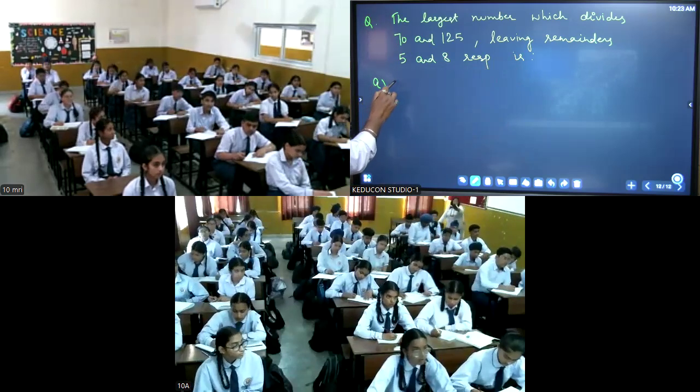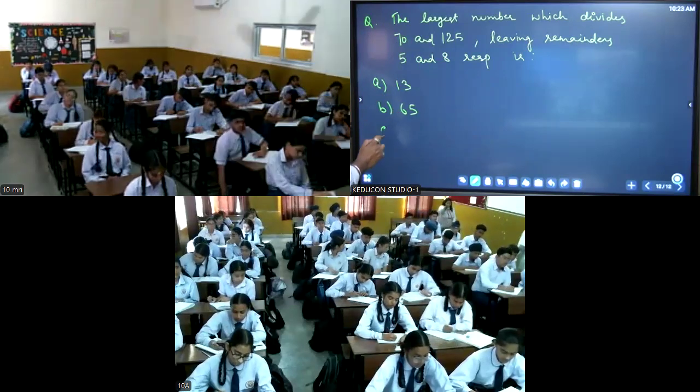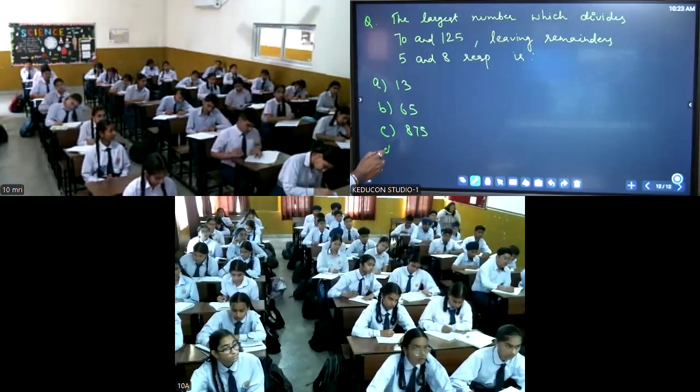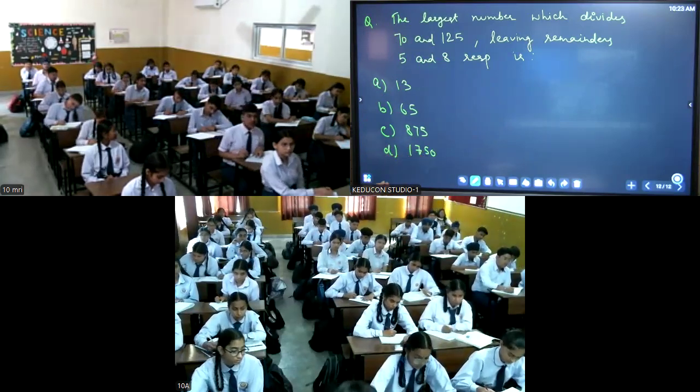Your options are 13, 65, 25, 175. Is this clear, bachcho?